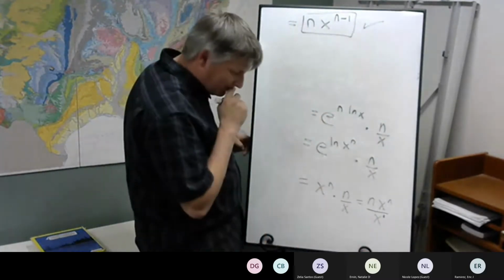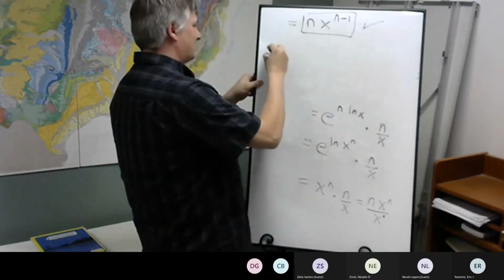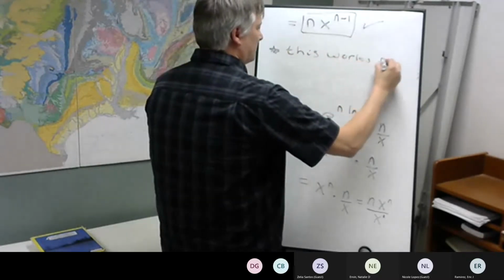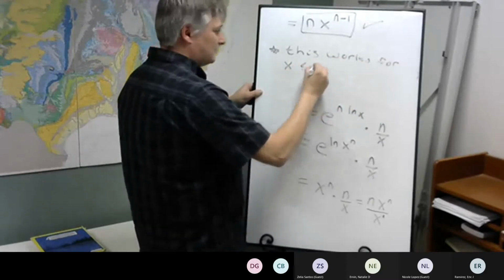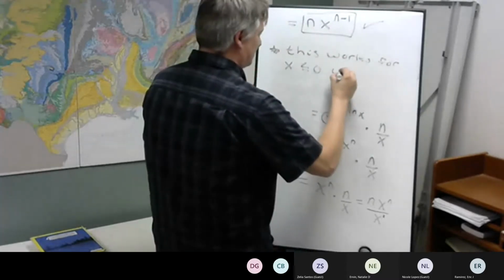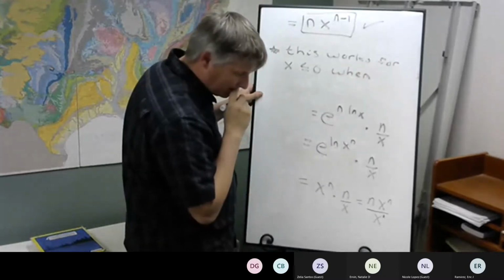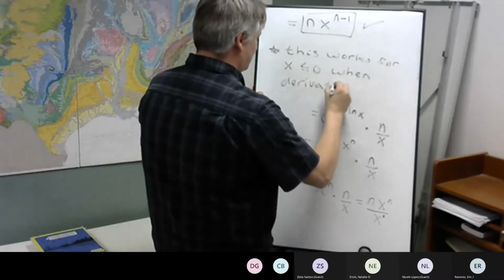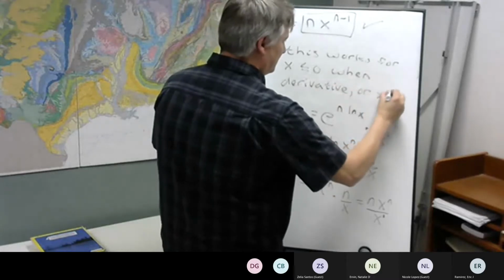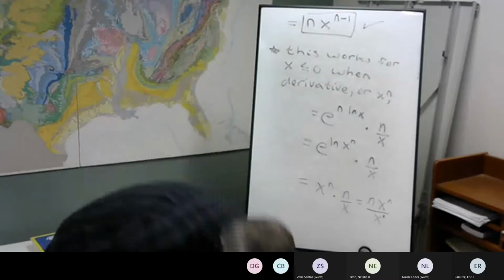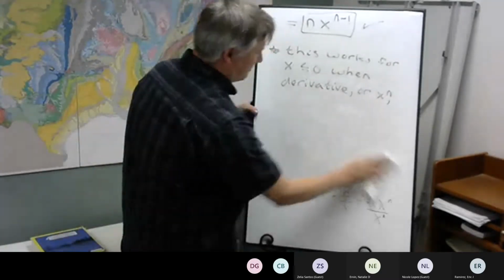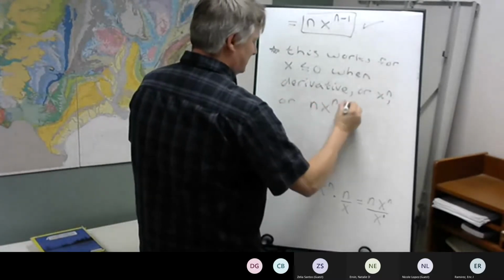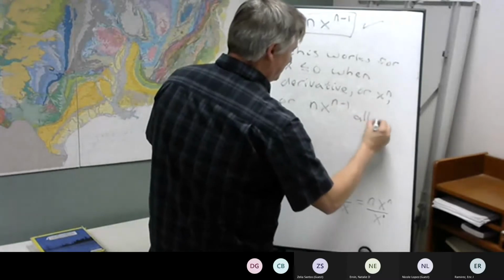All right. I just want to make a note. This works for x less than or equal to 0 when the derivative of x to the n, or n x to the n minus 1, all exist.